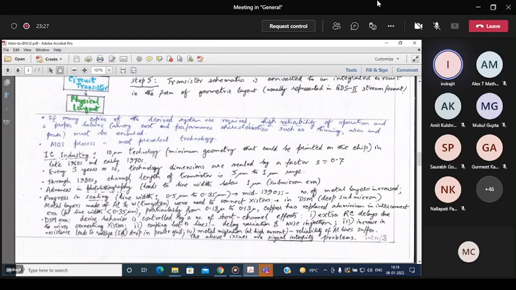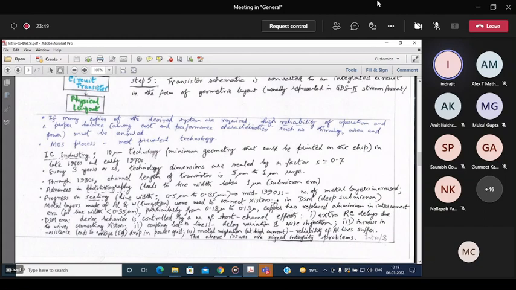Through the 1990s, these were the channel lengths, but now with the advancement in photolithography, we have much smaller channel lengths realizable. Currently, 14 nanometer or even 7 nanometer has been realized.